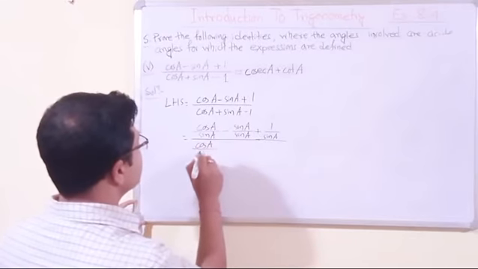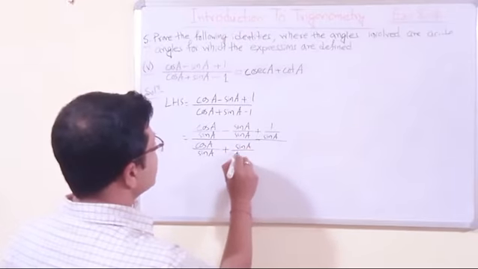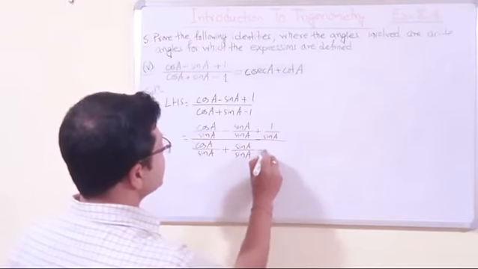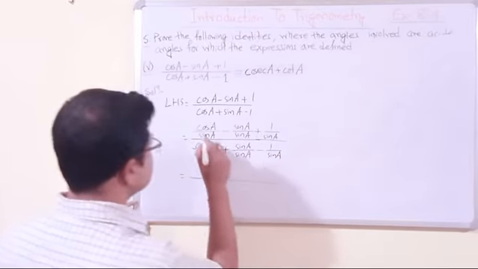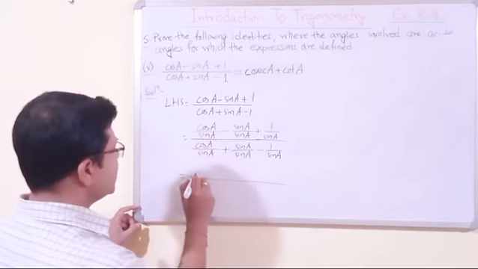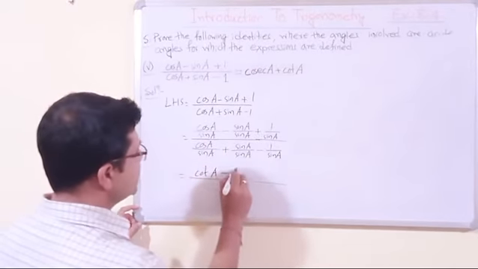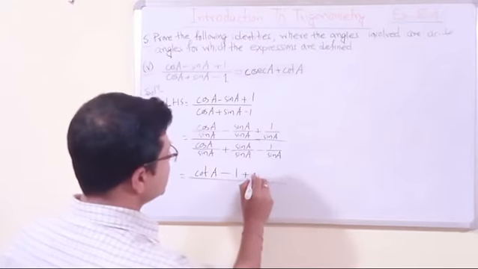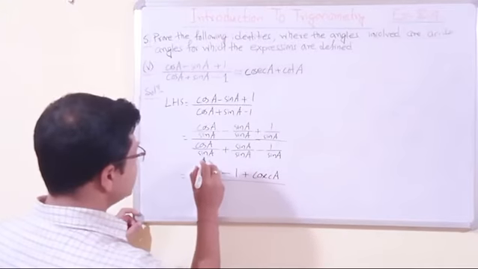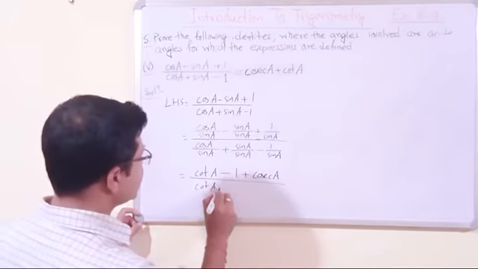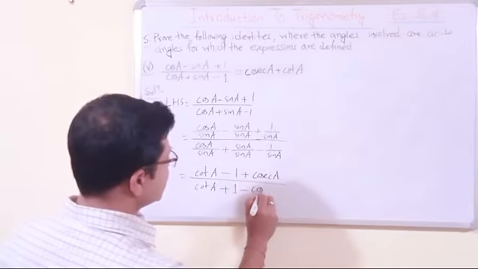So cos a by sin a plus sin a by sin a minus 1 by sin a. So this is cos a by sin a is cot a, minus sin a by sin a is 1, plus 1 by sin a is cosec a. In the denominator, cos a by sin a is cot a, plus sin a by sin a is 1, minus cosec a.